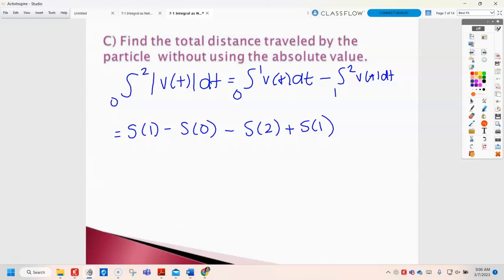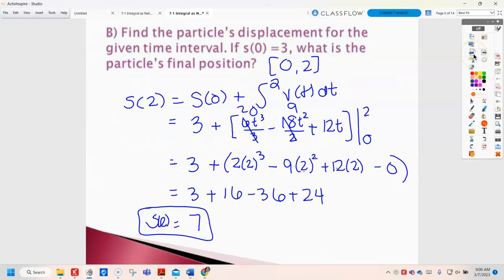We said s of 2 was 7. We were given s of 0. s of 0 is 3. So the only one I don't know is s of 1. So again, I could take my antiderivative of velocity. So s of t is equal to 2t cubed minus 9t squared plus 12t. And then I can plug it in.